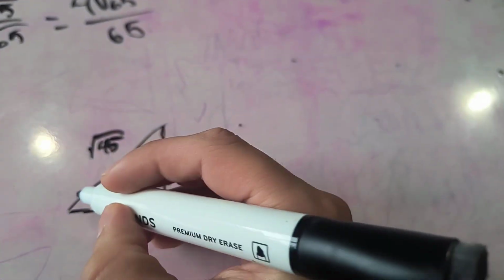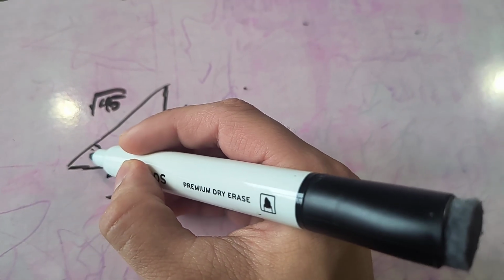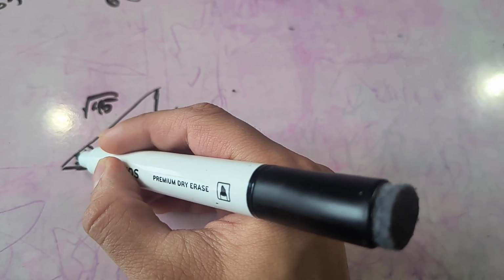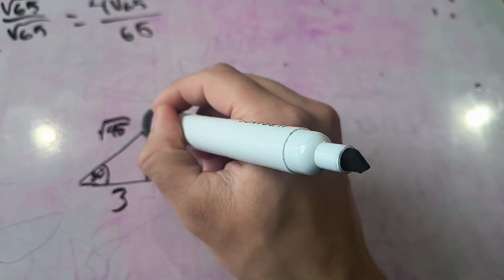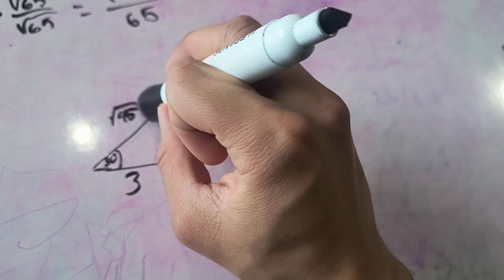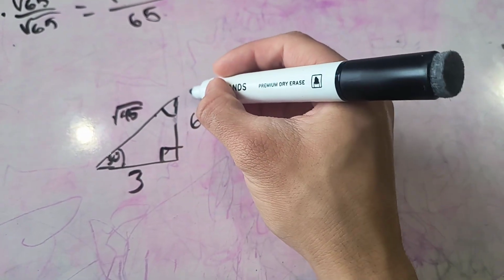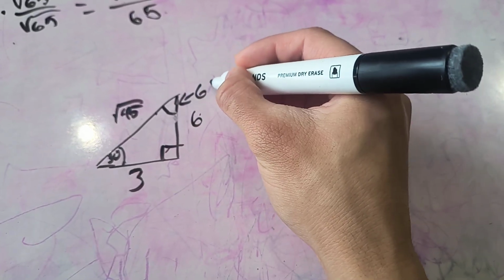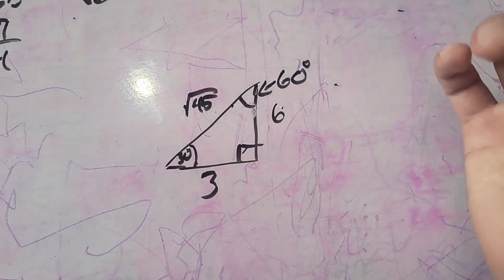And let's say this angle is 90 degrees, this angle is 30 degrees, and this angle right here is 60 degrees.